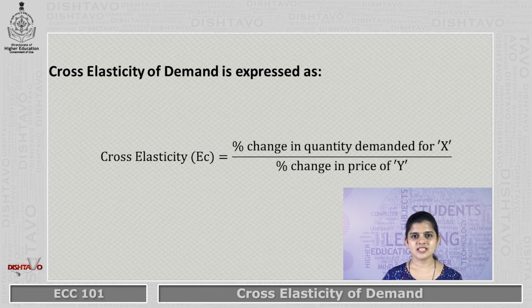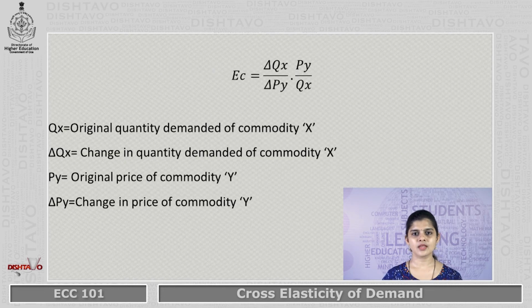Cross price elasticity of demand is mathematically expressed as percentage change in quantity demanded for good X upon percentage change in the price of good Y. Symbolically, it is expressed as Ec = ΔQx / ΔPy × Py / Qx.